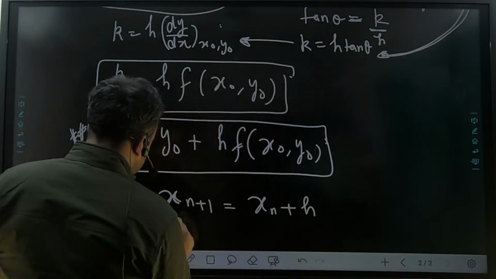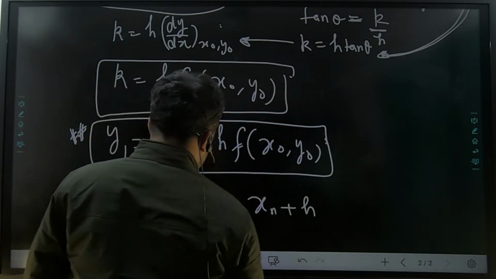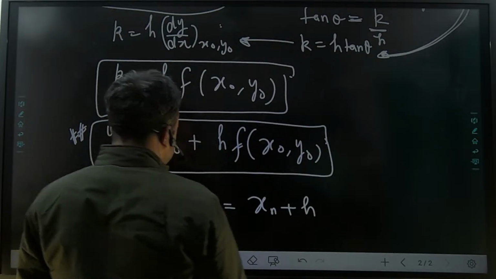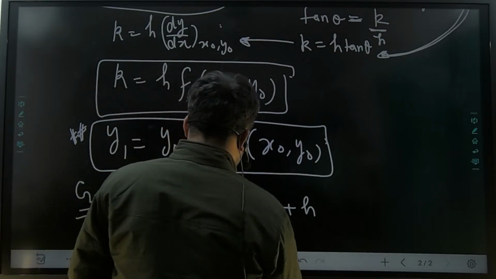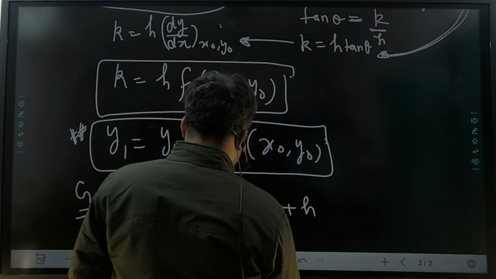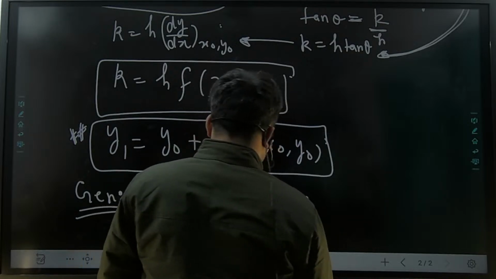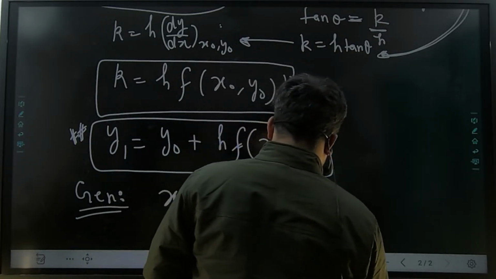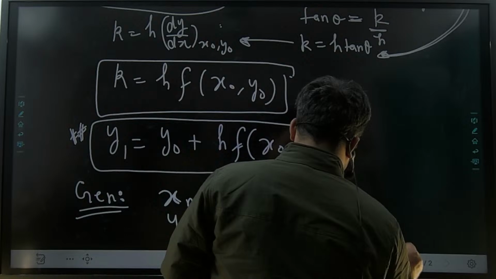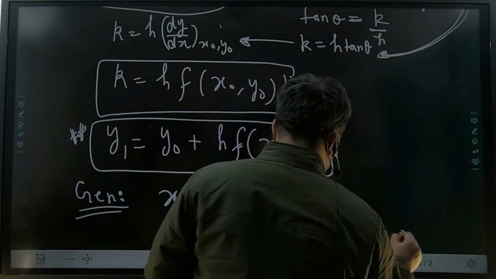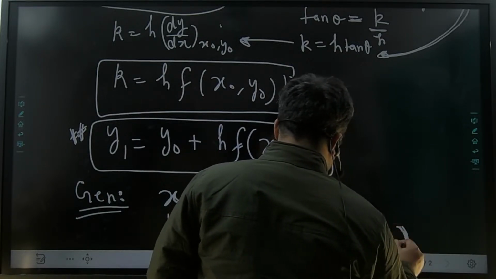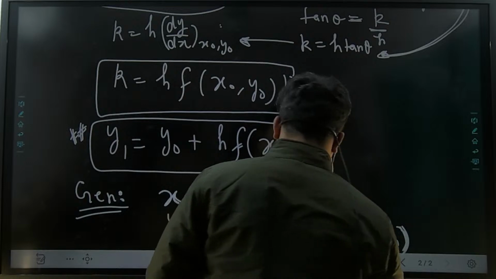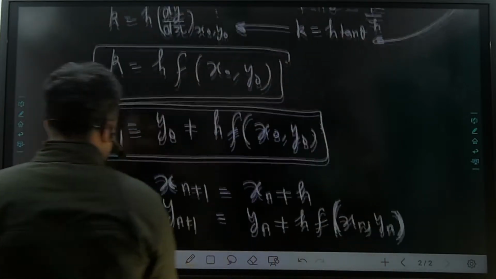I have to calculate yn plus 1, means at xn plus 1 I want to calculate y. So it is nothing but equal to yn plus h, the step size, times the function value at xn and yn. Right, so this is a general way to express it.